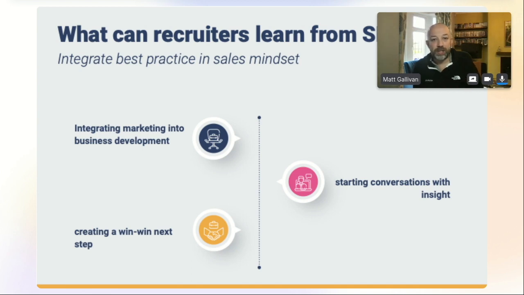So what questioning techniques are you using to find the why, the what, and the how of their strategy moving forward? And this is what it means by starting the conversation with insight. It says, okay, what does that mean to you? You're looking to grow, by how much? In new markets, in new segments? Are you looking to grow your net fee income?